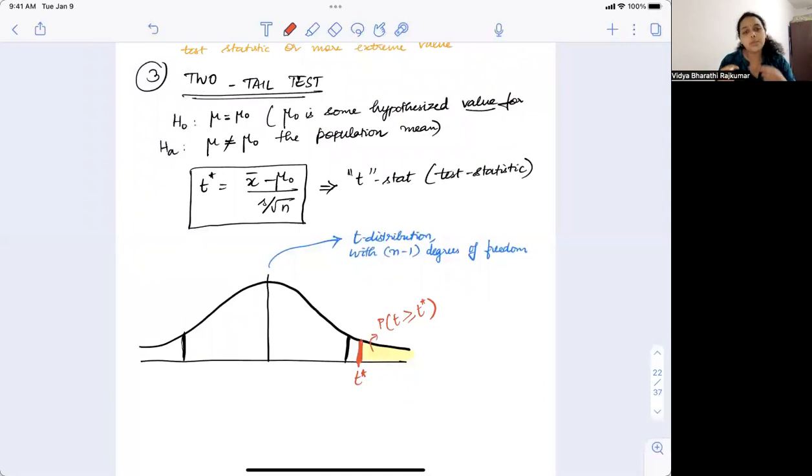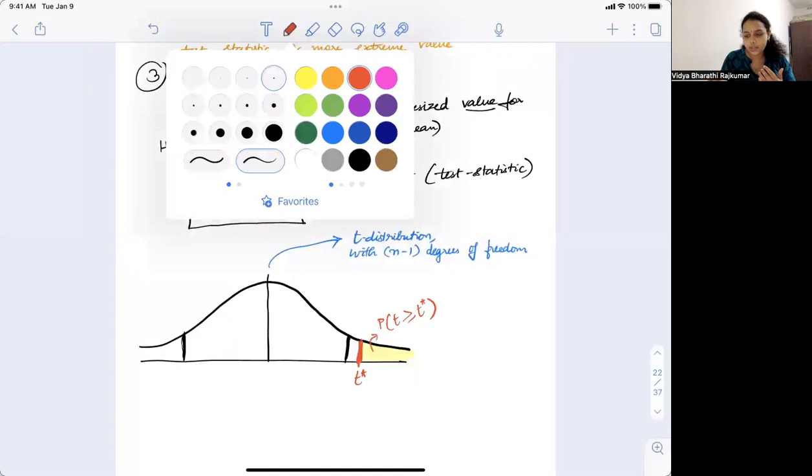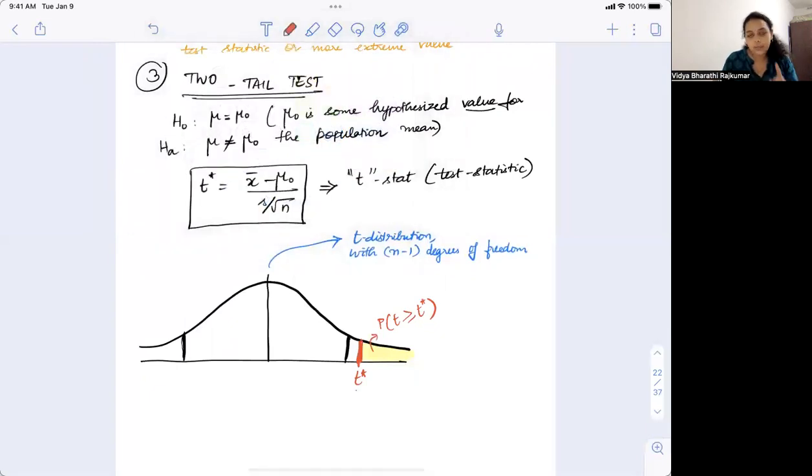Therefore, when I compute p-values also, I'm going to be looking at values that are more extreme on both sides of the tail. And how will I do that? Suppose my T star happens to be this number. This number T star is to the right of my center, and therefore I compute the area to the right of T star.